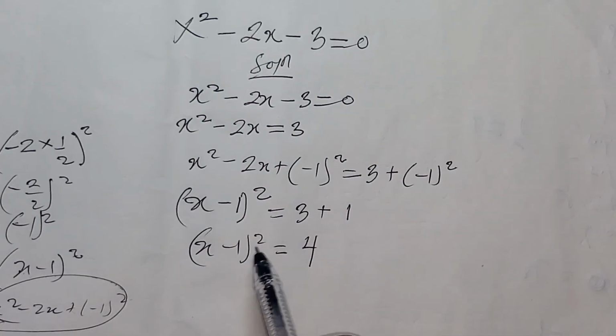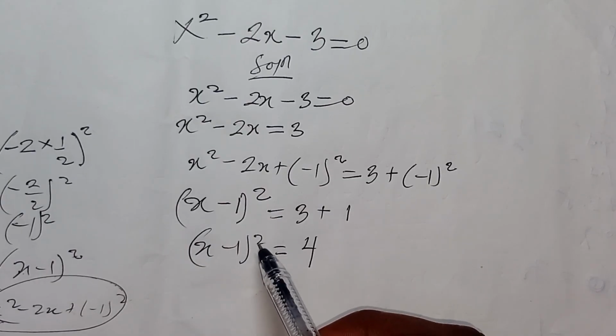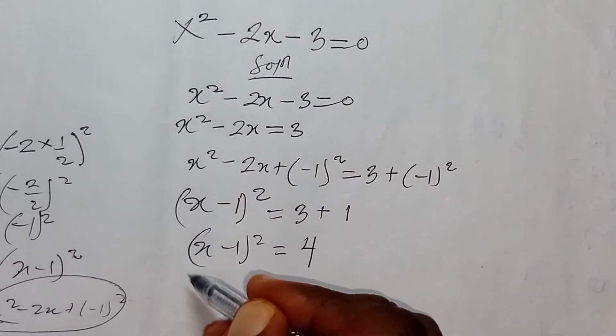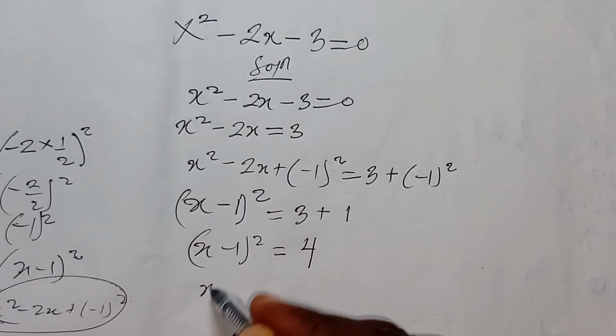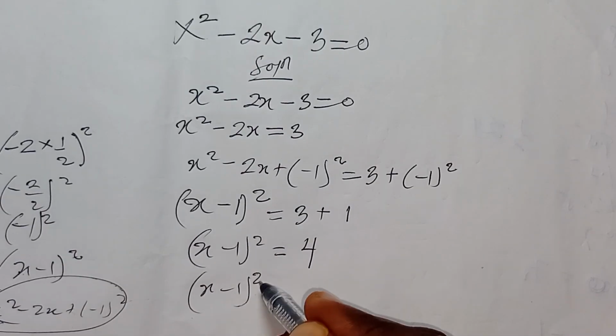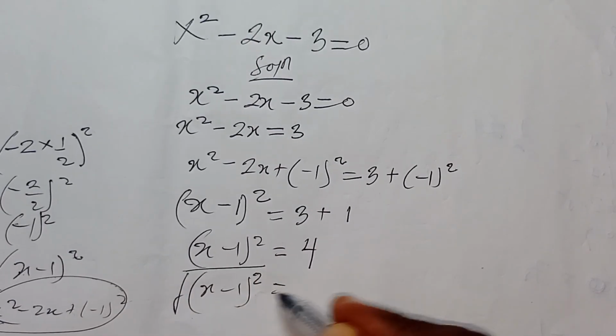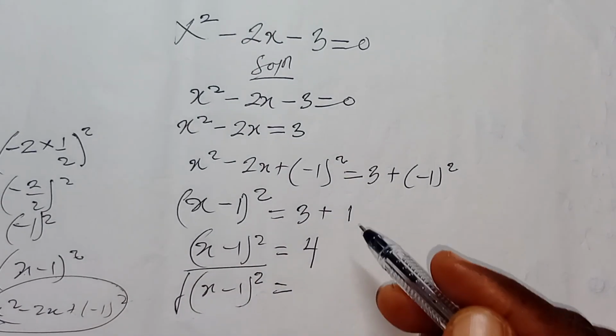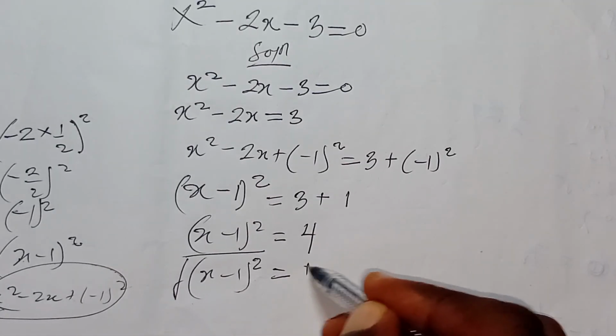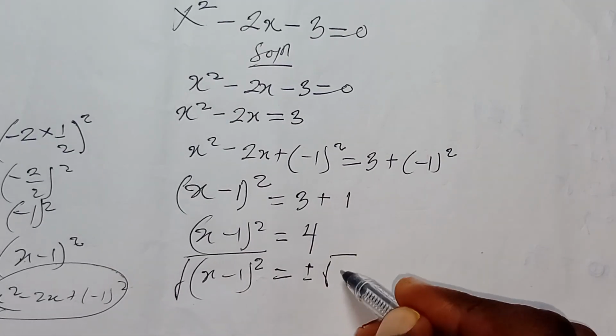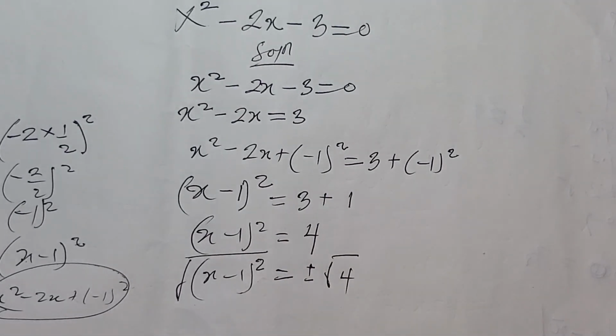We need to clear this exponent 2 from here, right? So we take the square root of both sides. x minus 1 all exponent 2, square root, is equal to, anytime we take square root, we add plus or minus, square root of 4, right?